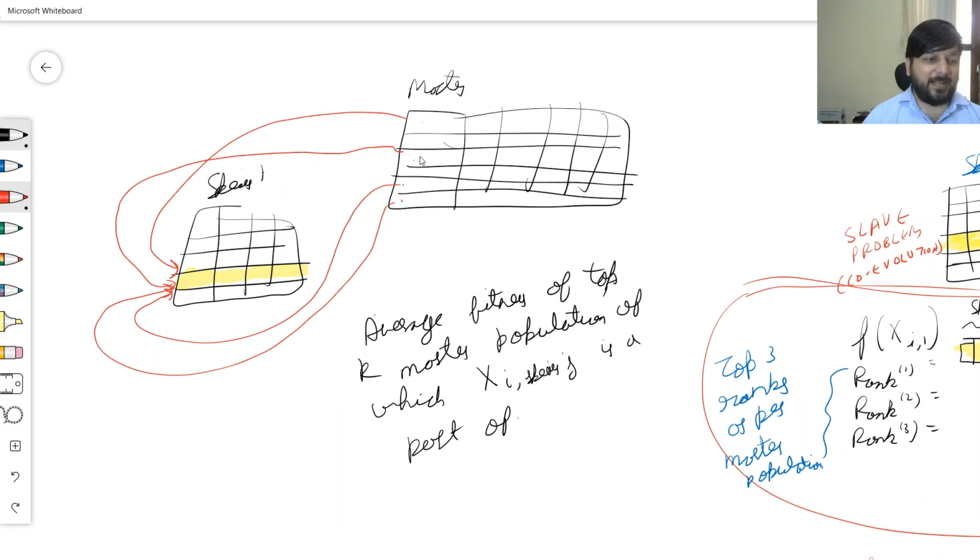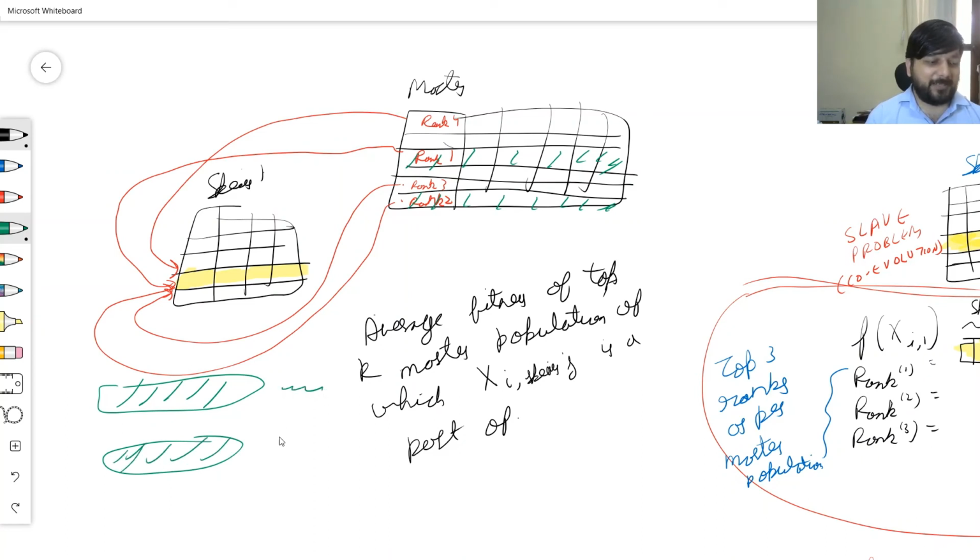And let's say out of these 4, the rank of this is 1, the rank of this is 4, the rank of this thing is 3, and the rank of this thing is 2. So I take the top 2. I take the rank 1 which is here, and I take the rank 2 which is here. I calculate the average fitness of both of them. So that's my rank 1, that's my rank 2.